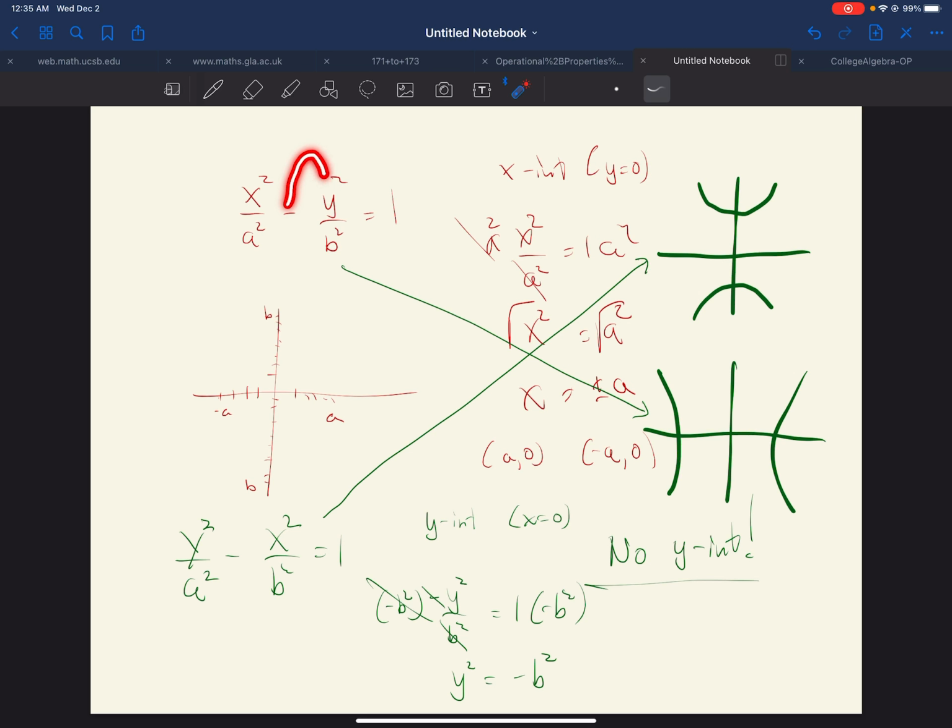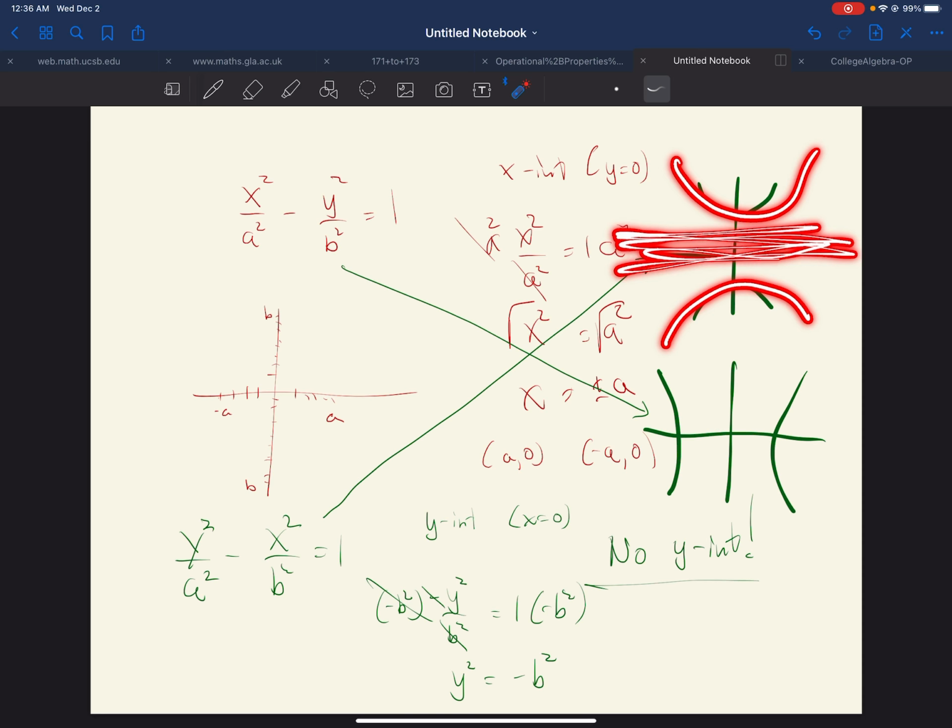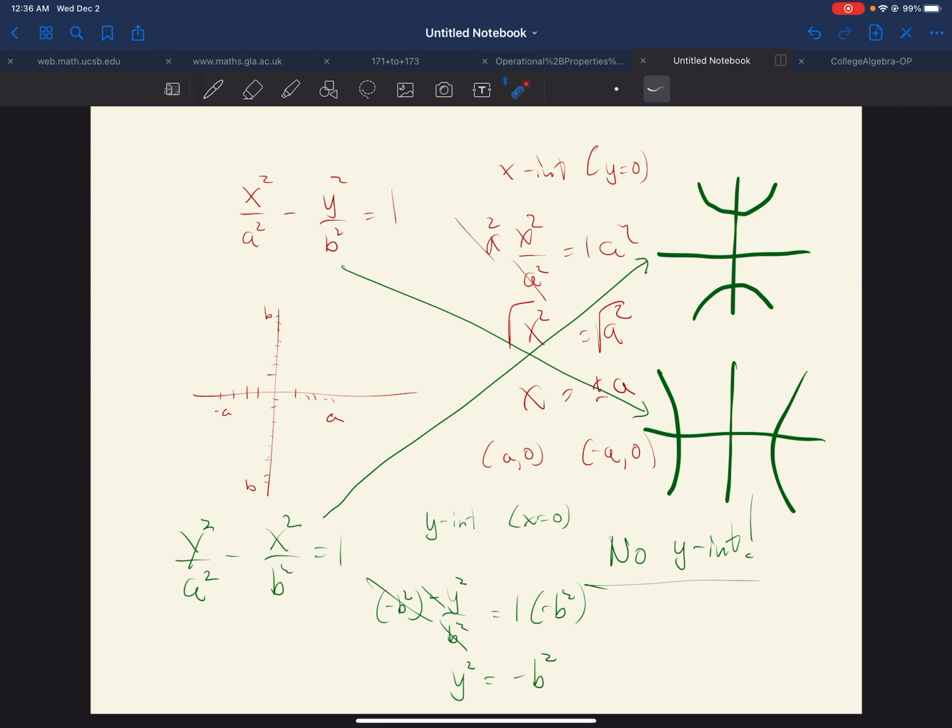Notice how the negative is attached to the y. And that gives us a bottleneck. So I call this kind of a bottleneck. You know, like you have a bottle, and the neck, it shrinks down like that. So the negative is on the y, so that means the bottleneck goes in the y direction. If the negative was attached to the x, the bottleneck runs in the x direction. So you can run through here as if that was a liquid. And so that's how we can tell which way is which.